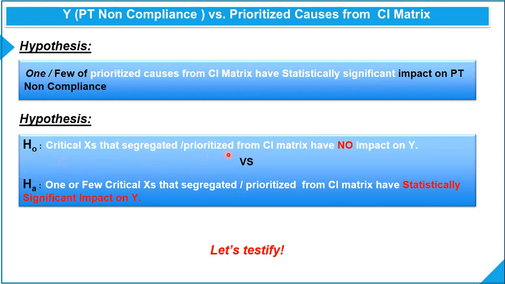Critical X's that are segregated or prioritized from the CI matrix have no impact on Y. The alternate hypothesis is that one or few critical X's that are segregated or prioritized from the CI matrix have statistically significant impact on Y. This is the null hypothesis and alternate hypothesis we have set. So let's test it. Let's go to the next slide.